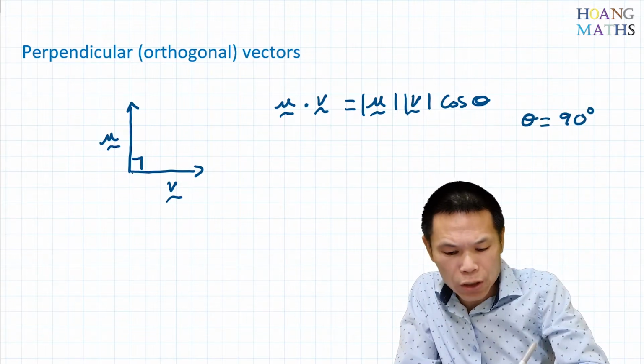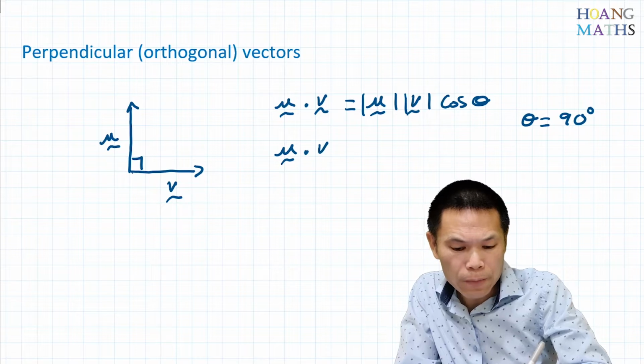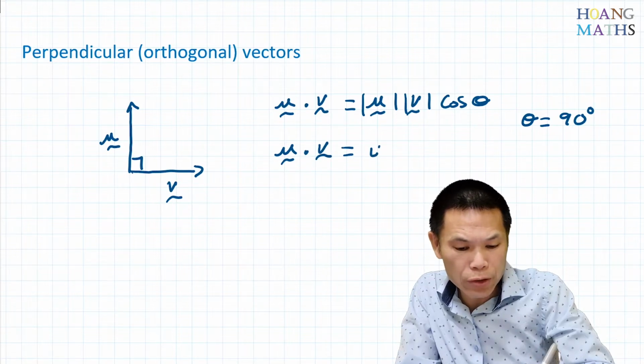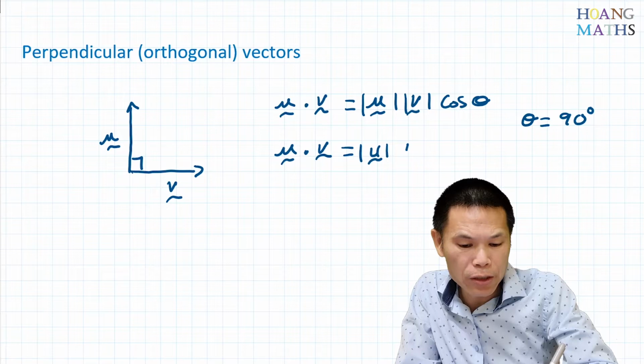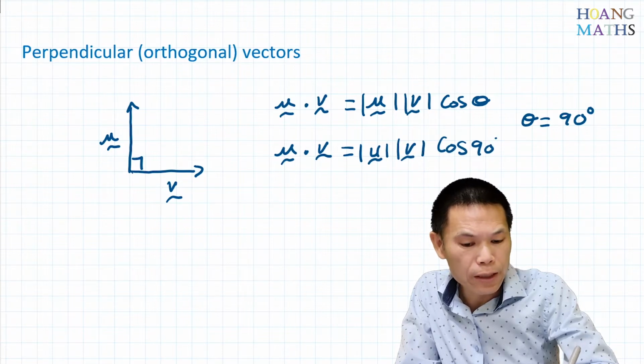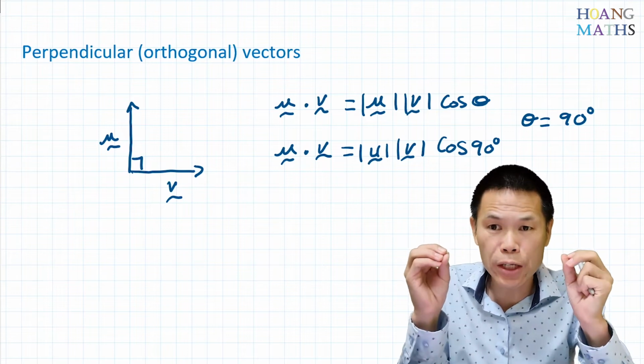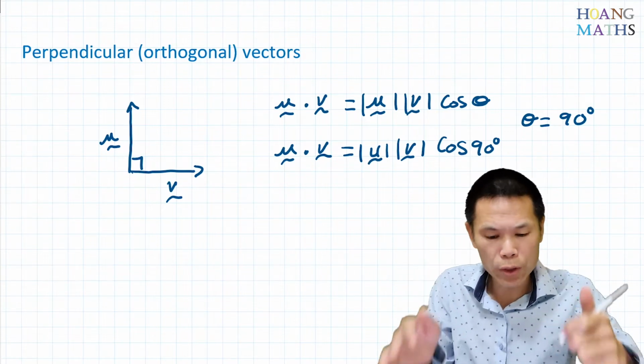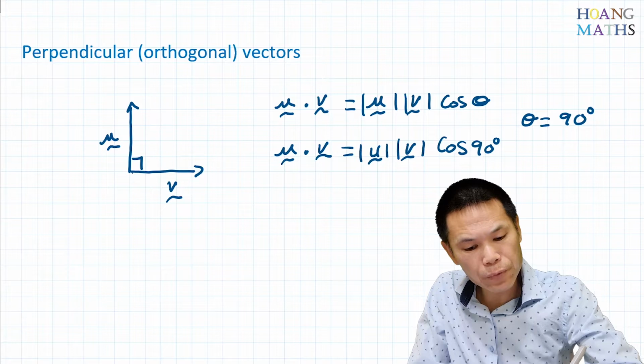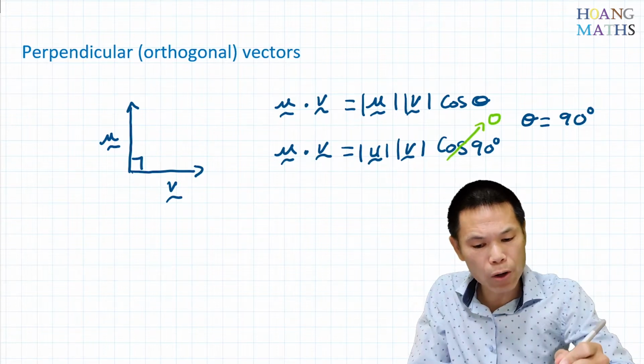So this means that u dot v is equal to the magnitude of u times the magnitude of v and cos of 90 degrees. And we know that cos of 90 degrees is equal to 0. So this part here is equal to 0.